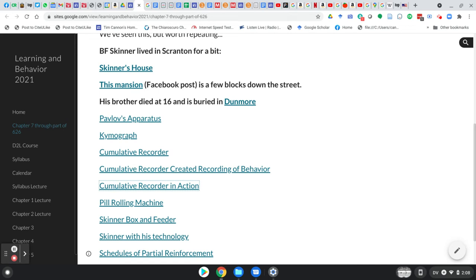If you've ever seen It's a Wonderful Life, Jimmy Stewart, the old pharmacist, the apothecary, old pharmacists were always making pills. They would grind stuff up and put it together, and then they would literally make pills. And Skinner had to steal that technology to reinforce the behavior of his rats.